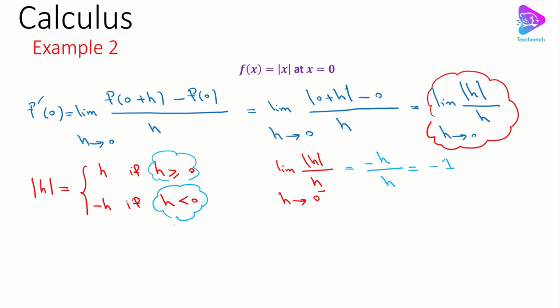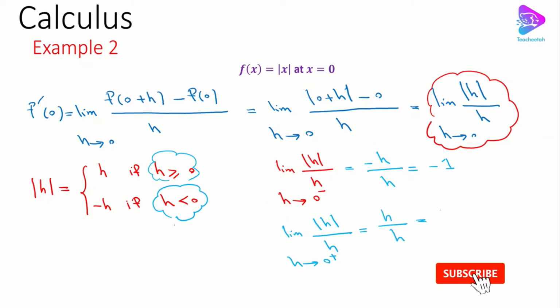Now if we look at the top part of this function, when h is equal to or bigger than 0, we can write the limit again based on what we have there: h is on the positive side, basically 0 positive, so it is h over h, and this generates 1.